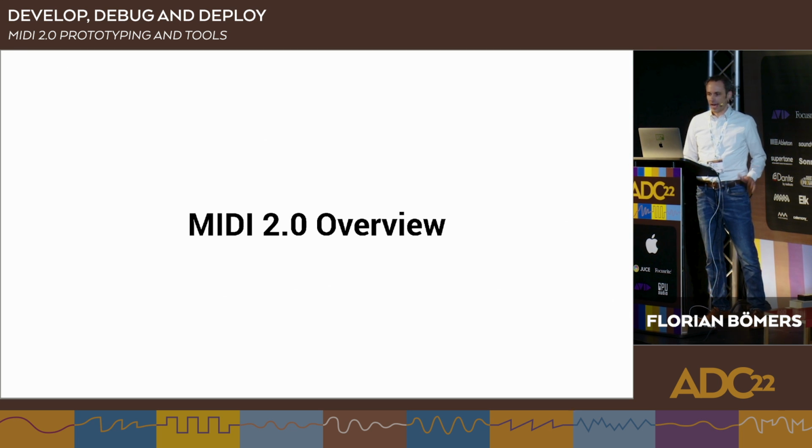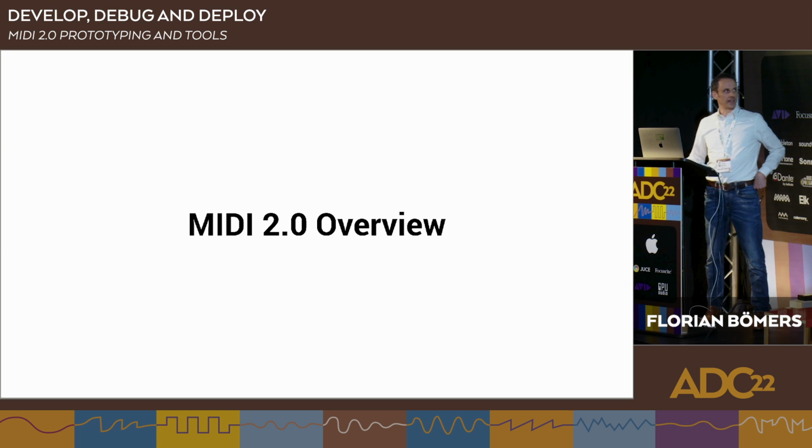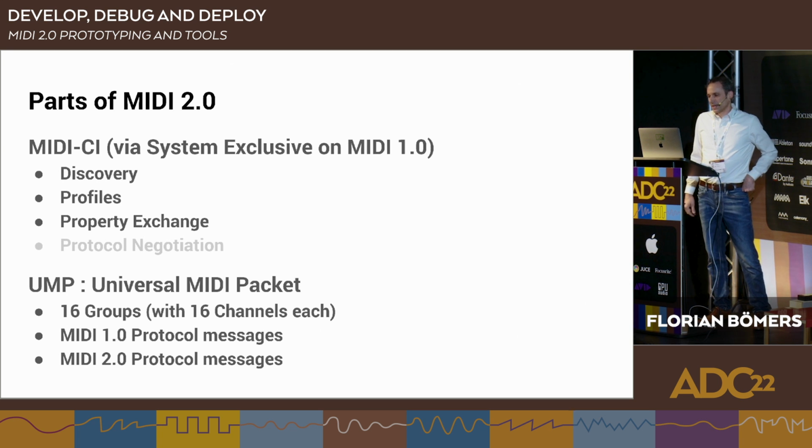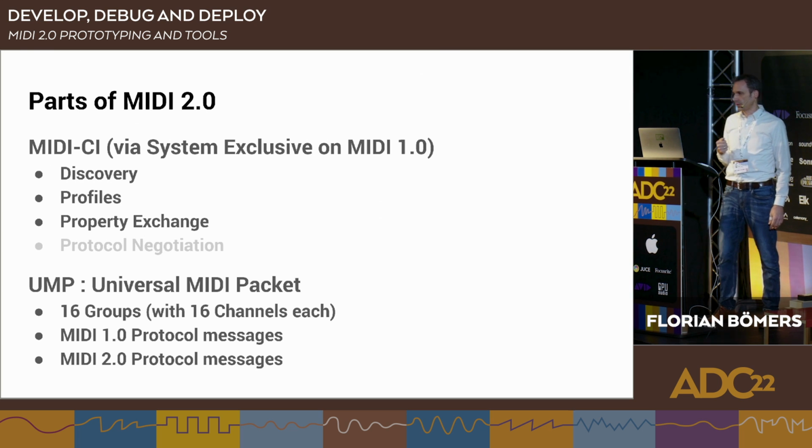Okay, a quick recap of MIDI 2.0. There's way too much to be handled in just a couple of minutes, so I'll just give you a few highlights. MIDI 2.0 is not only a new protocol, what most people would expect, but it's also a large portion called MIDI-CI, which actually runs on MIDI 1.0.